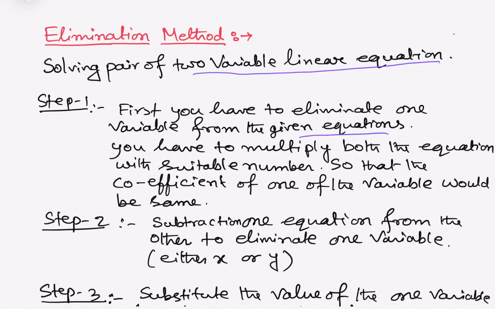You have to multiply both equations by a suitable number so that the coefficient of one variable becomes the same. First you eliminate one variable from both the given equations. After that you apply step 2: subtract one equation from the other to eliminate one variable, either x or y.